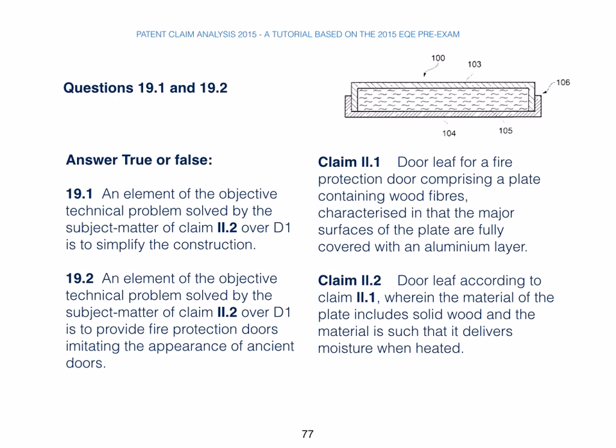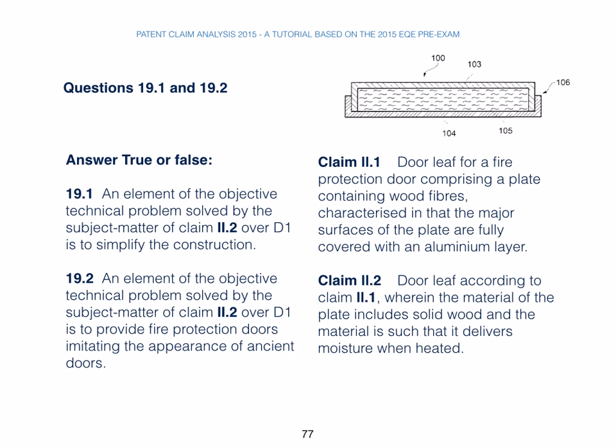To determine the technical problem solved, we have to identify the distinguishing feature of claim 2.2 over D1 and the technical effects associated with a differentiating feature. A differentiating feature is solid wood. The effect is to overcome the drawbacks of the prior art, paragraphs 6 and 5.